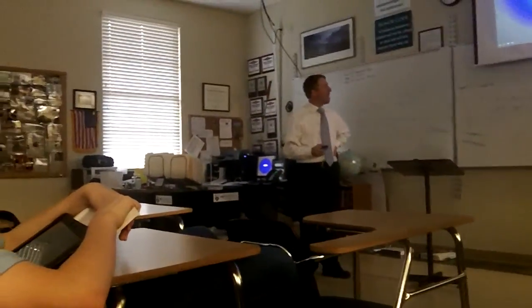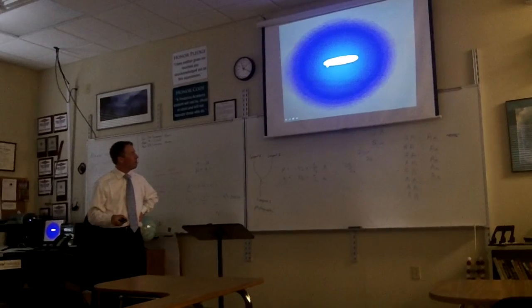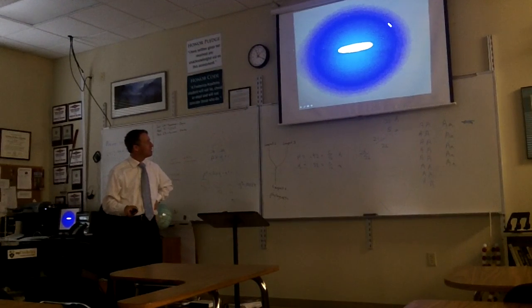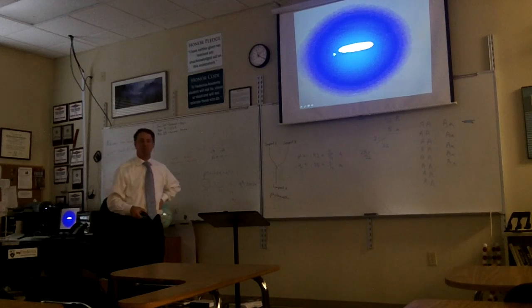And we figure that every galaxy is surrounded by a huge, what we call a dark matter halo. There's a whole bunch of dark matter here, with the little light matter in the middle. We can see this. We can't see this. But we know this is there because of its gravity.